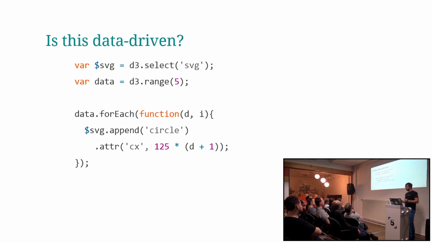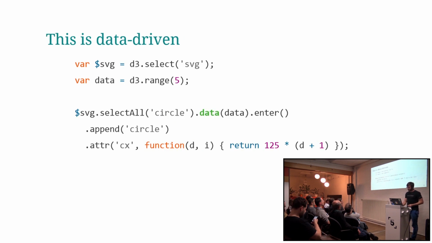What we want is that we define how the graphic should look, and then we just put the data, and it generates it out of the data. And we don't want to loop over all the elements. Actually, we don't want the loops. We want to have it implicitly defined. And actually, this is how it works in D3.